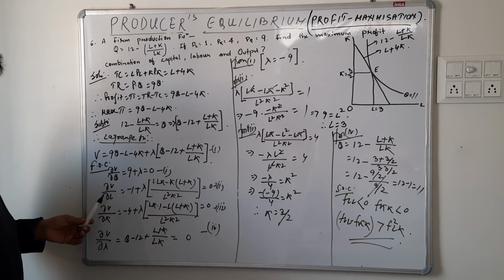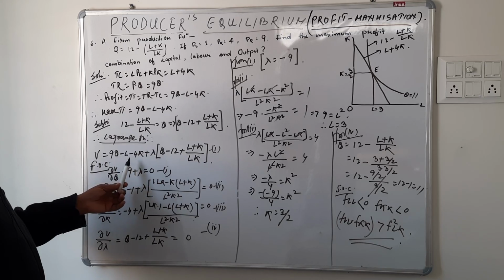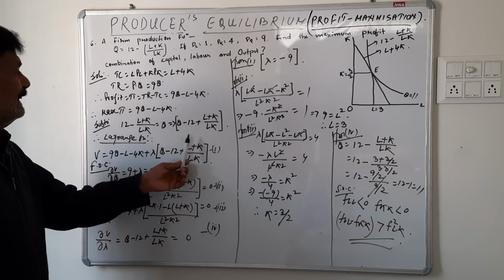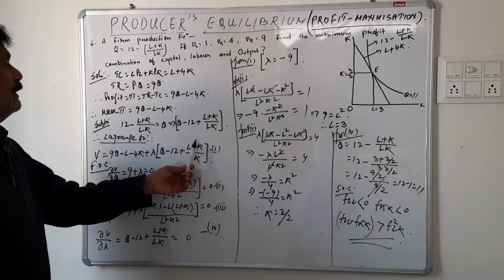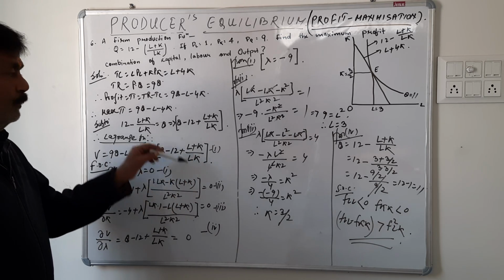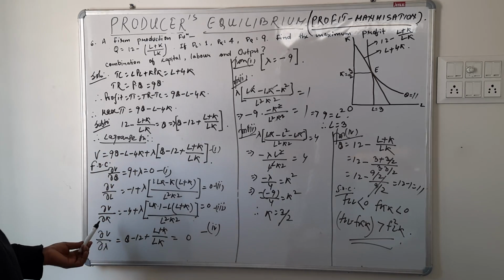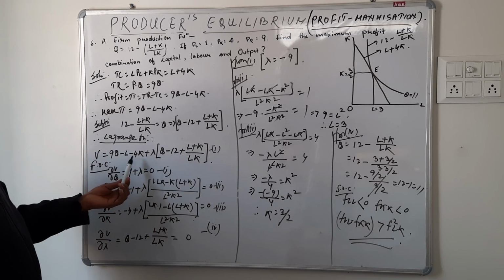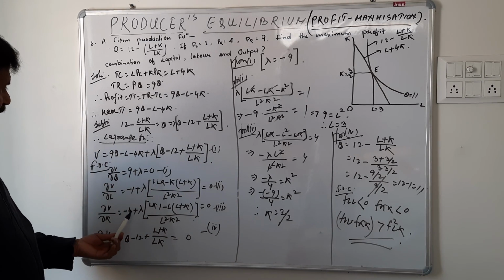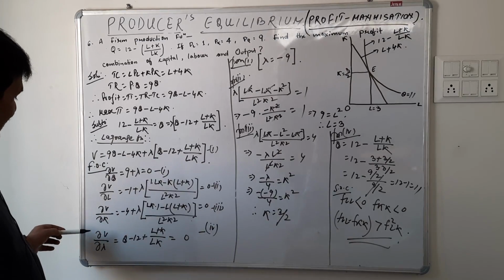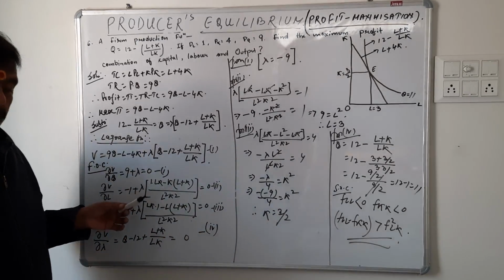Now differentiation with respect to labor: minus L gives minus 1, plus lambda, and here we differentiate with respect to L by quotient rule, U by V. Similarly, with respect to K, here we have minus 4K, so minus 4 plus lambda, and once again it has been differentiated. And this is delta B by delta lambda.